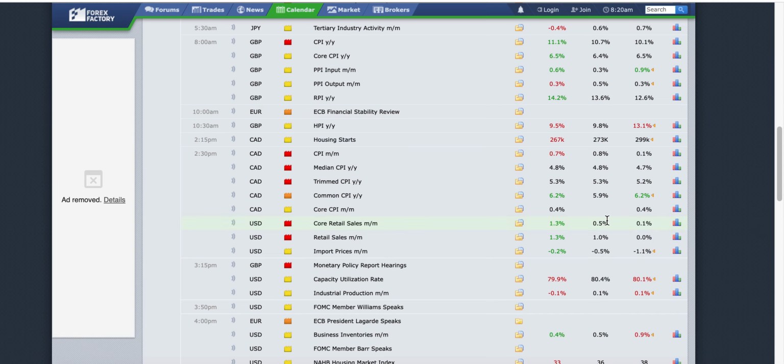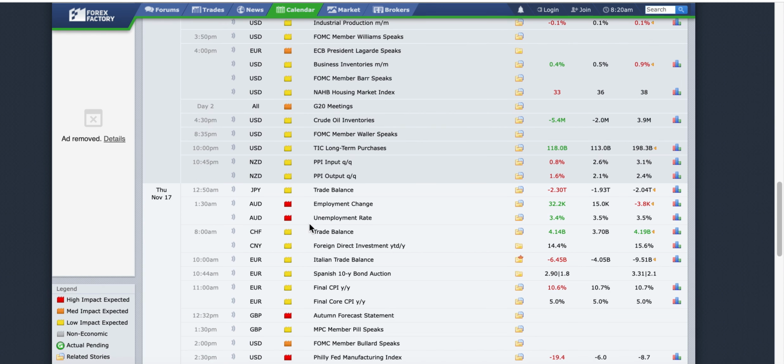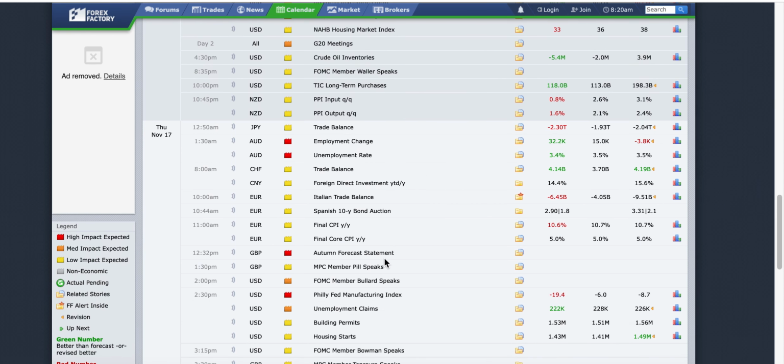The forecast was 0.5, and then we have the result of 1.3. So the month over month is 1.0, then we have the result of 1.3, which came out better than expected, and the results even came out better at the end of the week, that is on Friday.